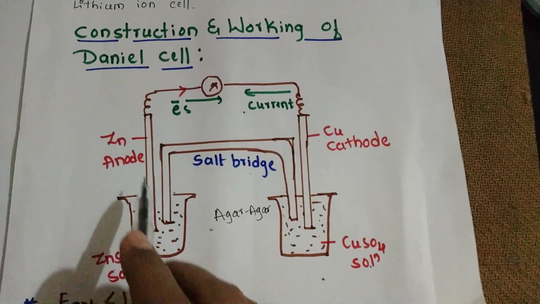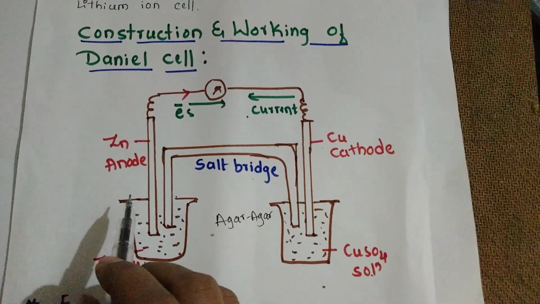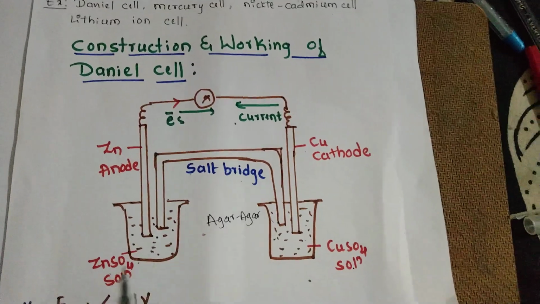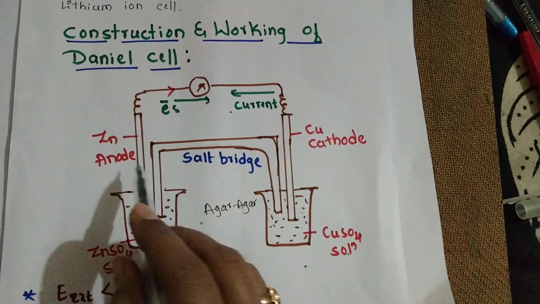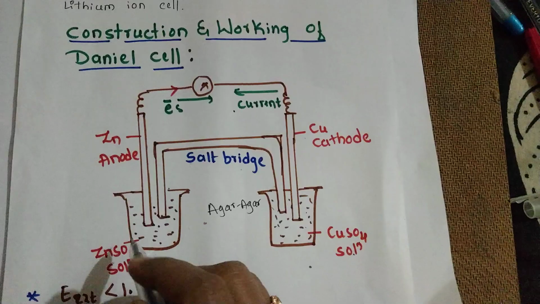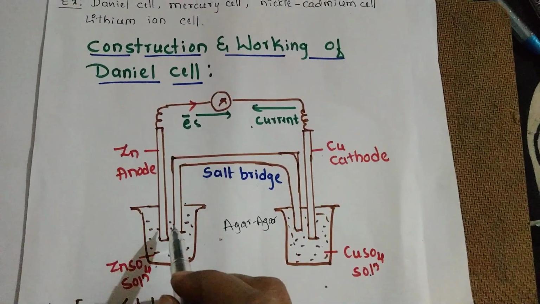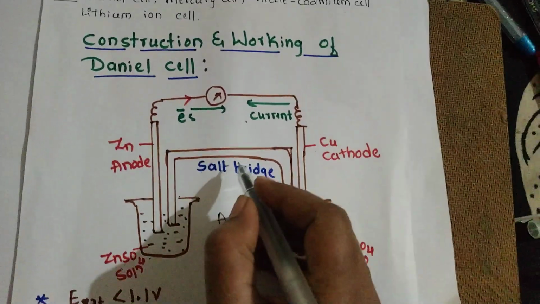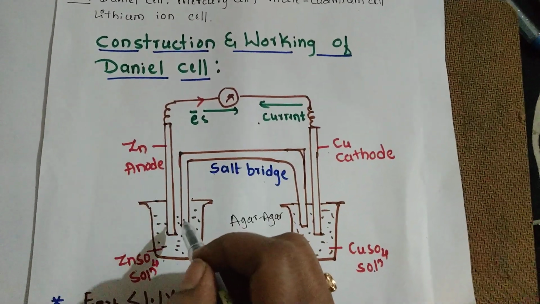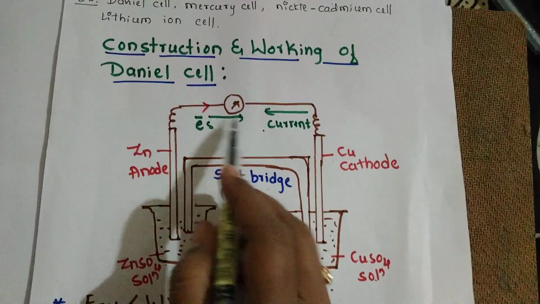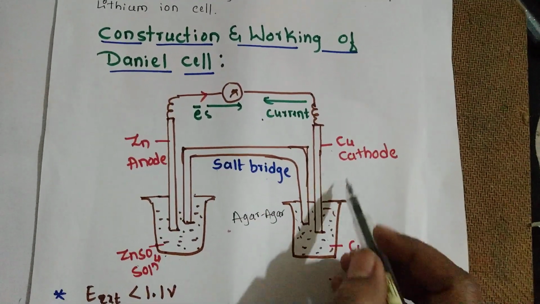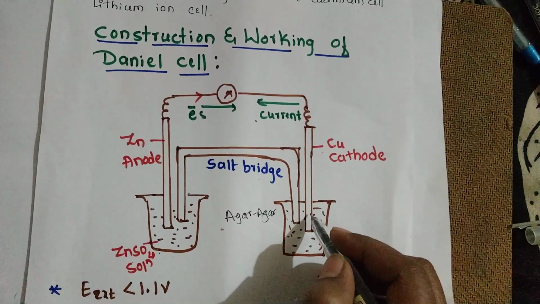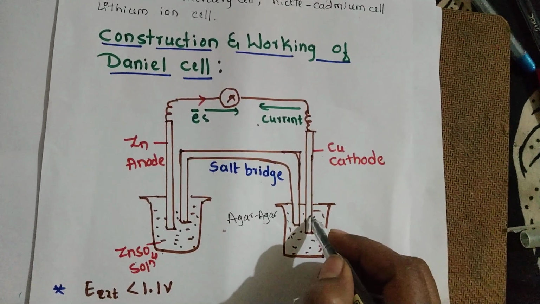Here at the anode side, we know that oxidation occurs, and at the cathode side reduction occurs. The zinc electrode releases electrons, and they flow from zinc to copper. So the electrons move from anode to cathode, and at the cathode the electrons are deposited on the copper electrode.